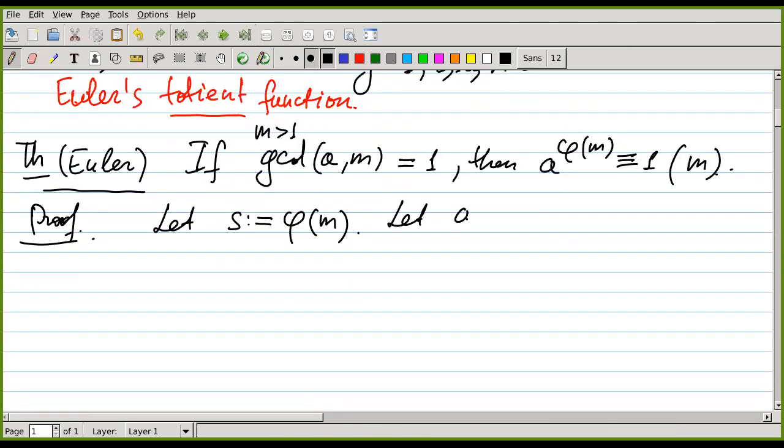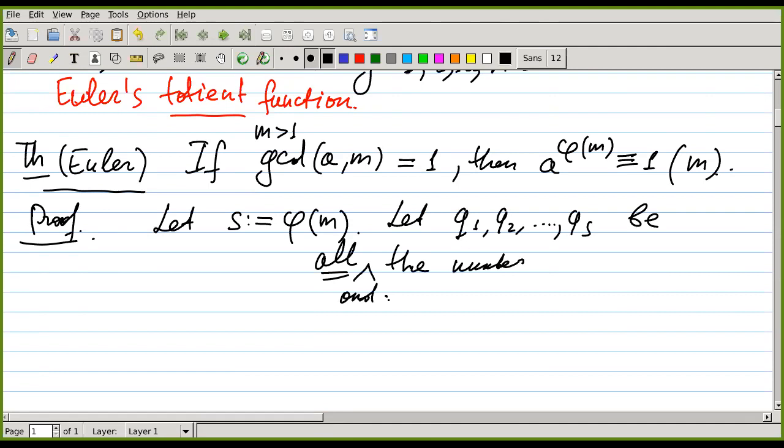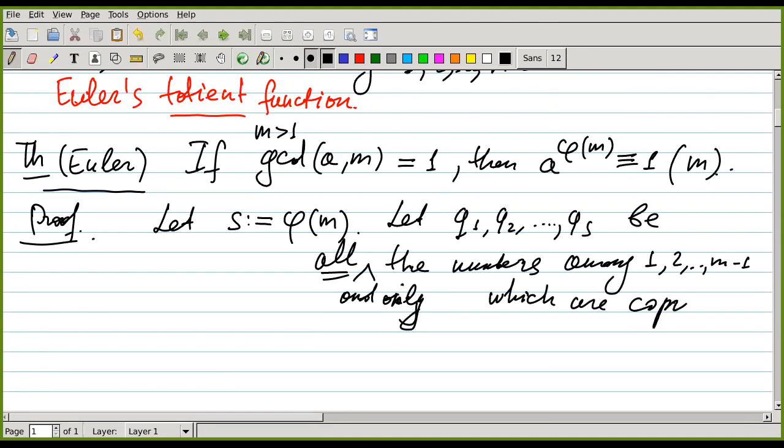So let q1, q2, and so on, qs be all and only the numbers among 1, 2, and so on up to m minus 1 which are co-prime to m.